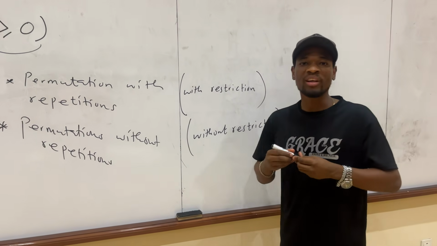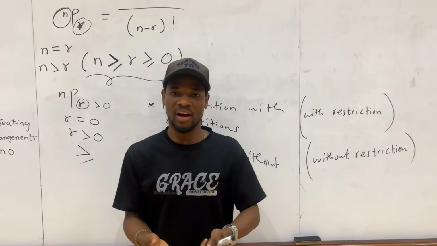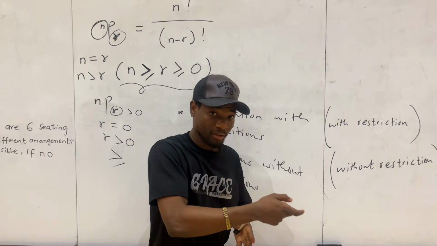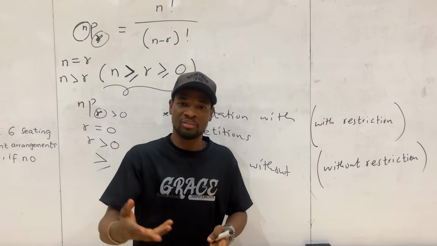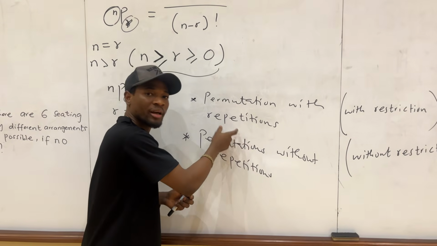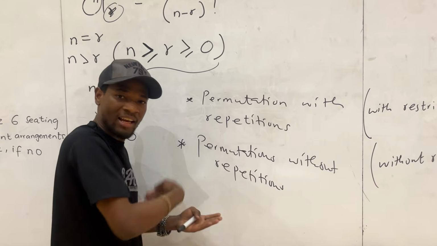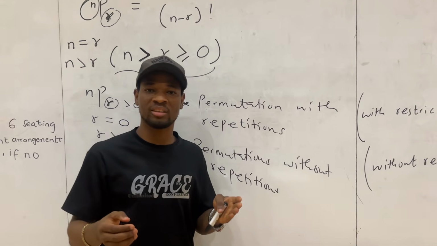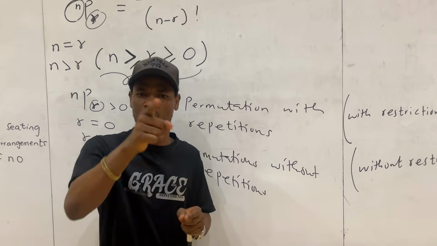So viewers, in the questions you will be encountering, the question will specify, okay, this permutation is restricted, or this permutation is not restricted, or they will say this permutation comes with repetition. On the other hand, we have permutations without repetitions. So these questions will spell out all these for you to know what you are supposed to do.